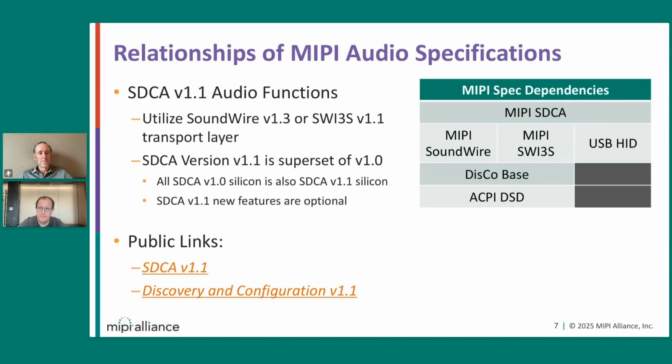Folks have commented on, there's a new version of SDCA, which one should I use? The way SDCA hardware compatibility is kind of structured is that when there's a new minor release of SDCA, like 1.1 was recently adopted, every piece of silicon that was conformant to SDCA 1.0 is also conformant to SDCA 1.1.